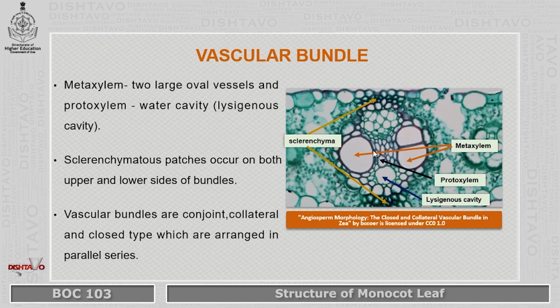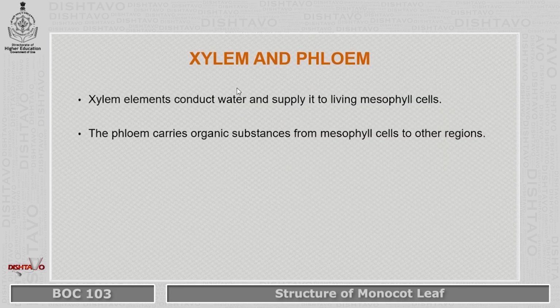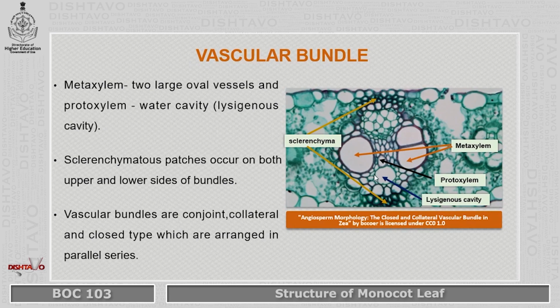Metaxylem consists of two large oval vessels and protoxylem consists of a large cavity which is called the lysigenous cavity. This cavity is formed when some of the cells start dissolving. These cells can store water, gases and lipids.